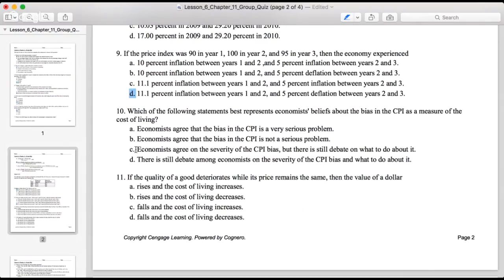I don't see the difference between C and D, to be honest. So I'm going to read what I read in the book as to why I got that. It's on page 224 at the beginning of the first paragraph. It says there is still much debate among economists about how severe these measurement problems are and what should be done about them.